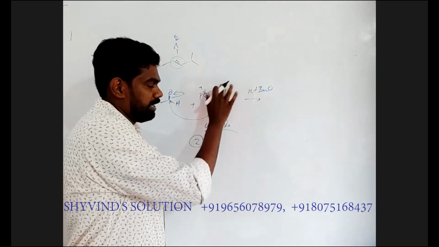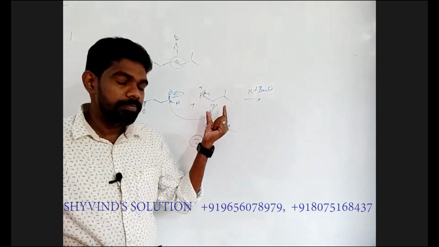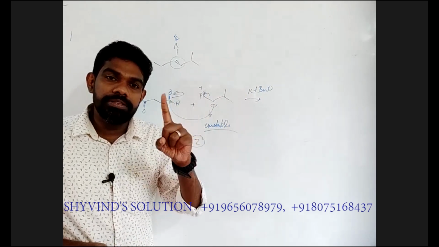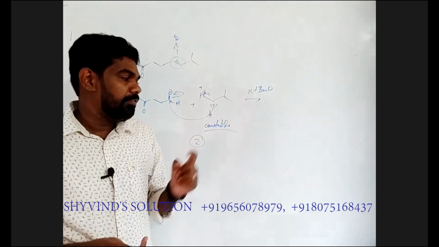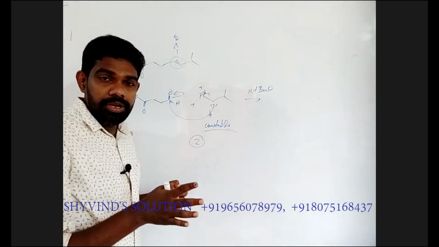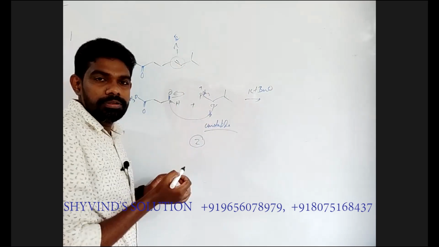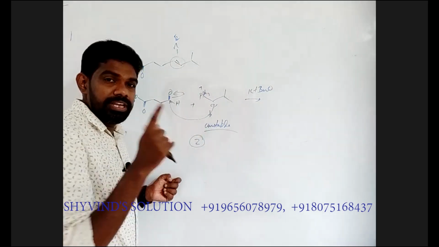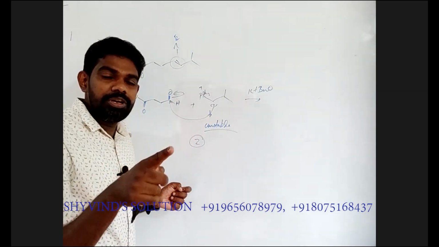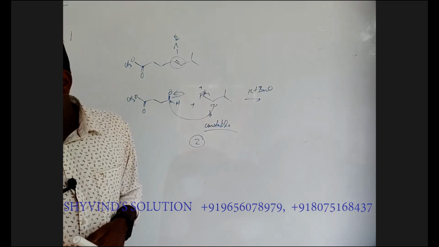But here we are given it like this, so this is an unstable ylide. If we are using an unstable ylide, the stereochemistry should be Z. We'll get Z, but in the option E is not given. The question is how can we prepare an E double bond? If we take the first option, we will get a similar product, but the stereochemistry will be Z. Okay, the next option is given like this.